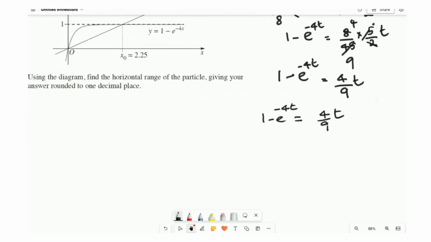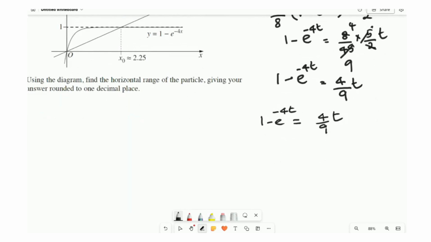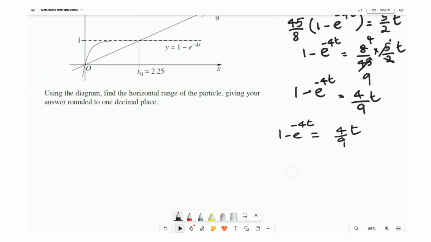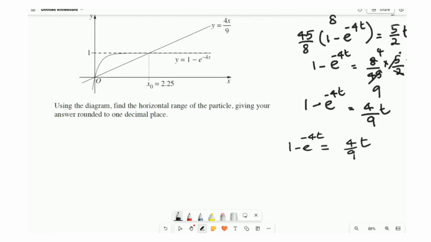That exponential and linear equation is very difficult to solve. Therefore that graph is given here. It says that you have y is equal to 4x over 9, and the other one is y is equal to 1 minus e to the power minus 4x.